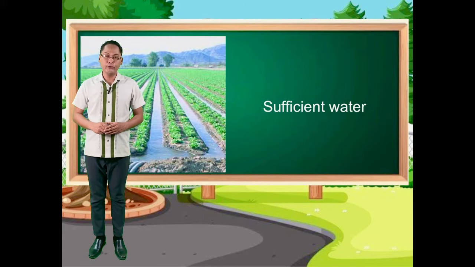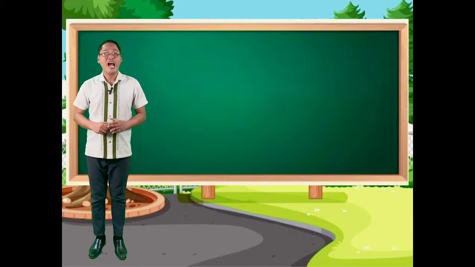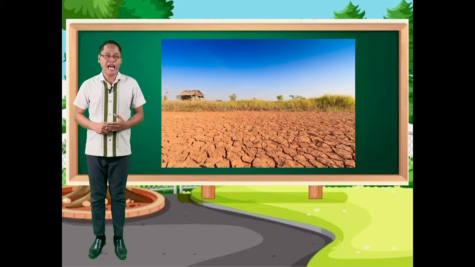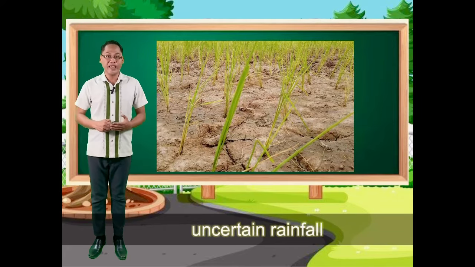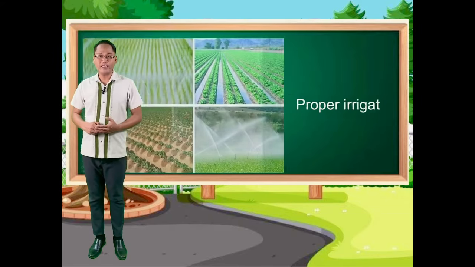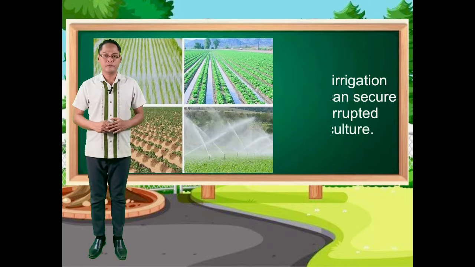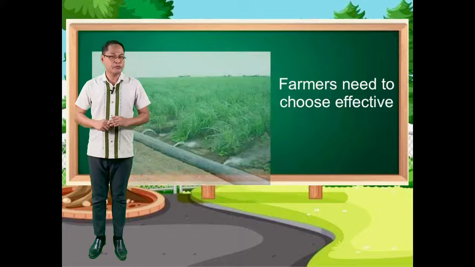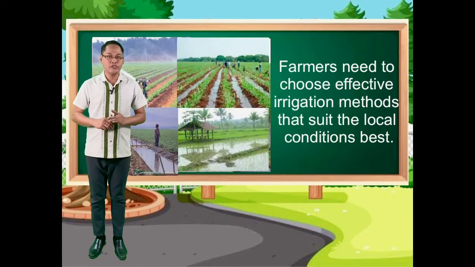And in order to produce quality crops, a sufficient supply of water is of great necessity. However, in areas having irregular, insufficient, or uncertain rainfall, a proper irrigation system can secure uninterrupted agriculture. Farmers need to choose effective irrigation methods that suit the local condition best.